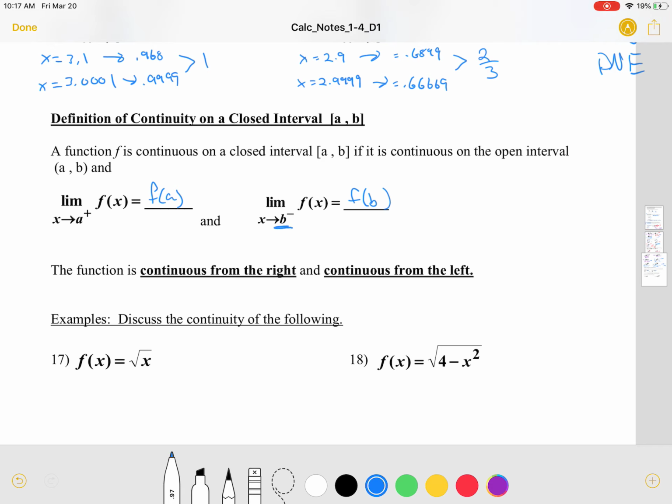Notice this x is going towards b from the negative side, and this is going toward a from the positive side, so it's hitting both ends of this closed interval. So the function is continuous from the right and continuous from the left.